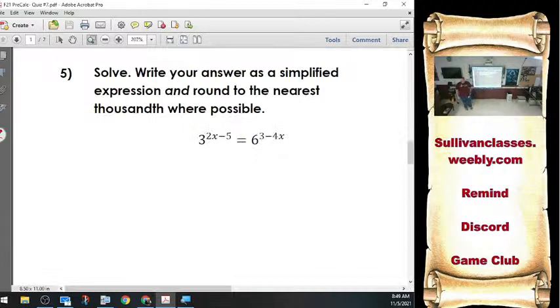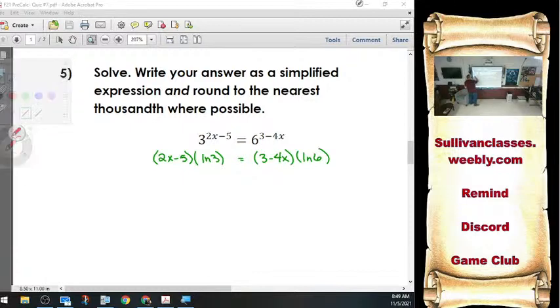Exactly what we did on our daily quiz. Y'all seem pretty good with them. I take log of both sides, whatever base I want. Just to mess with you, I'm going to say 2x minus 5 times ln of 3. It doesn't affect it. I am purely doing that.